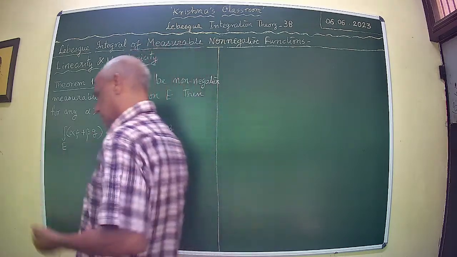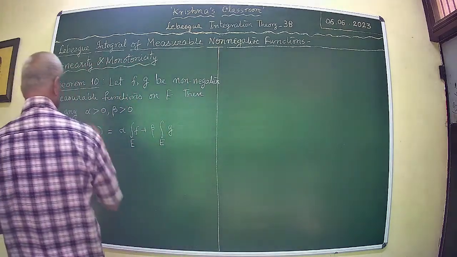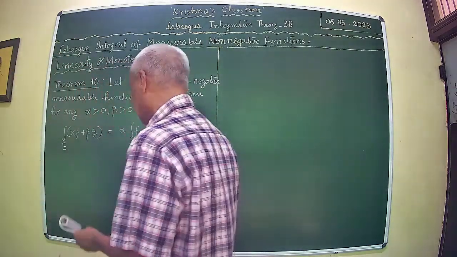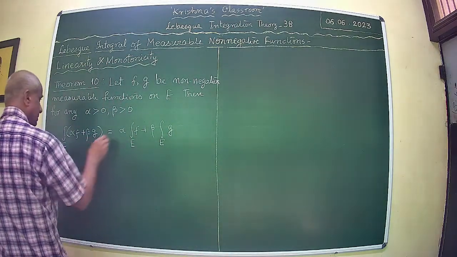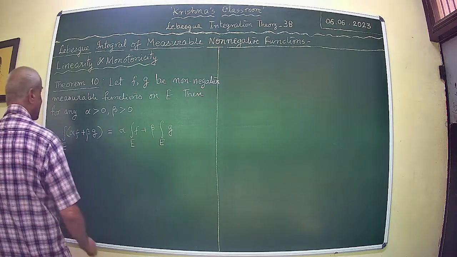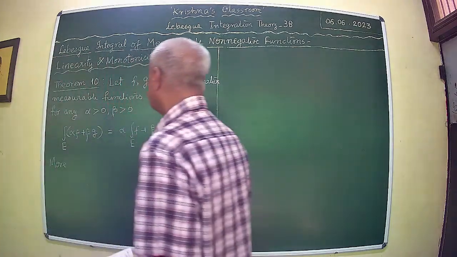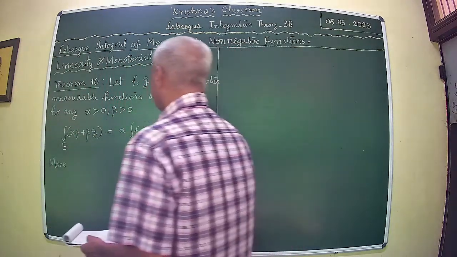Because alpha equal to 0 and beta equal to 0 are trivial cases. Moreover, this is the partial linearity part, and then monotonicity.